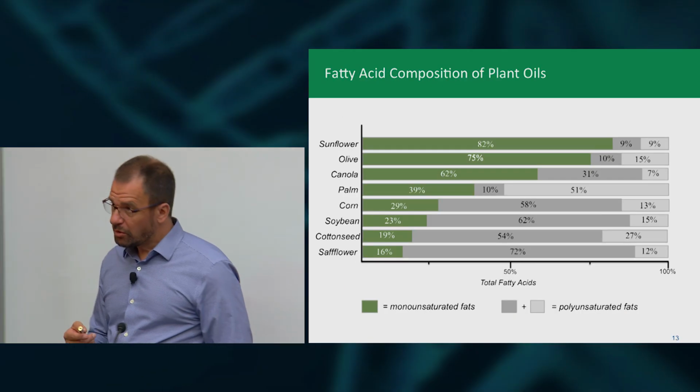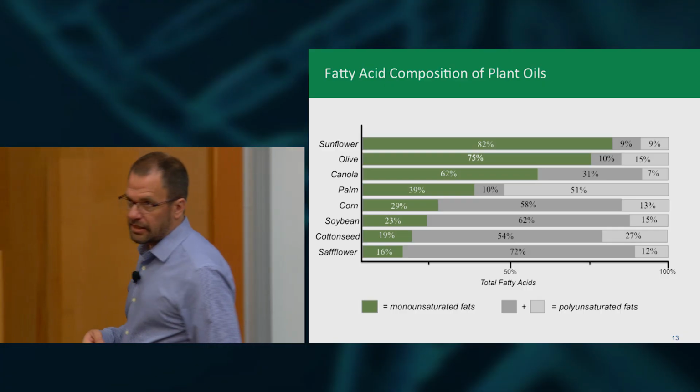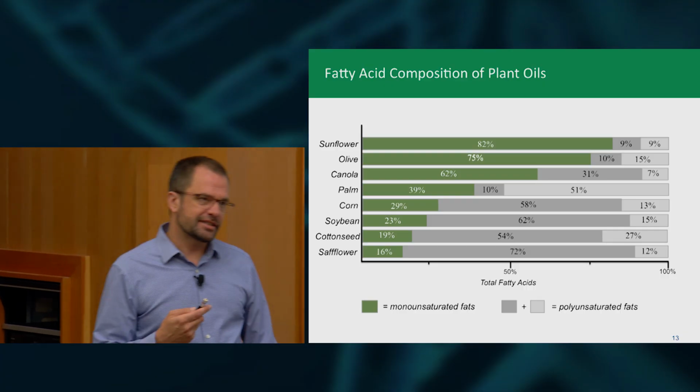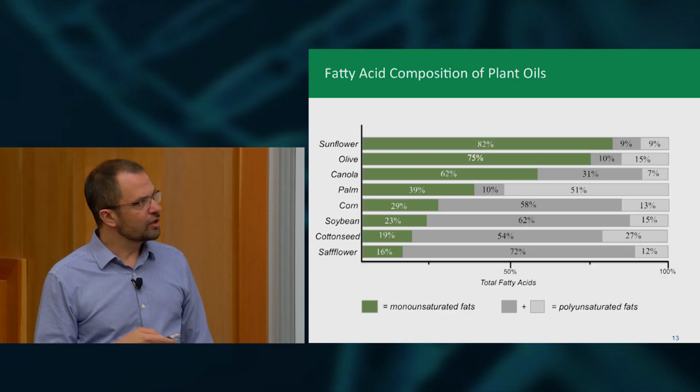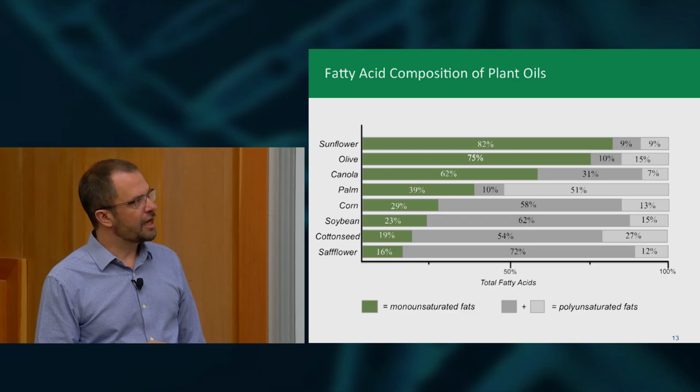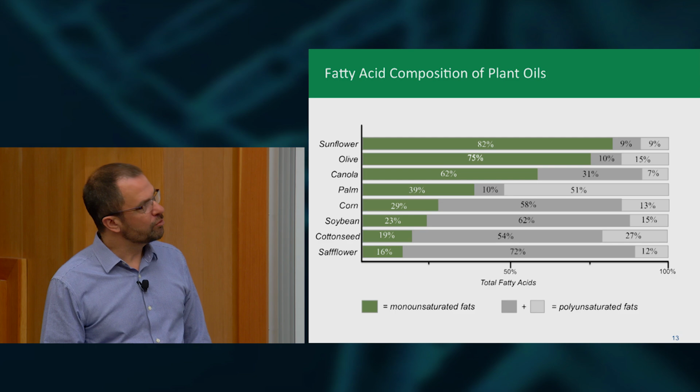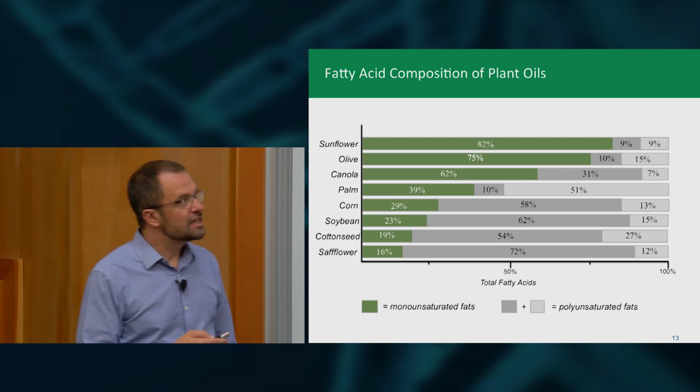And a problem in soybean is that the oil that's produced is actually not ideal for cooking purposes. It's very low in these monounsaturated fats and very high in polyunsaturated fats, so 23% monounsaturated fats.